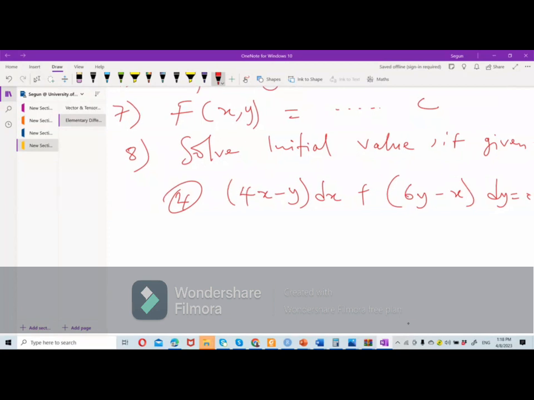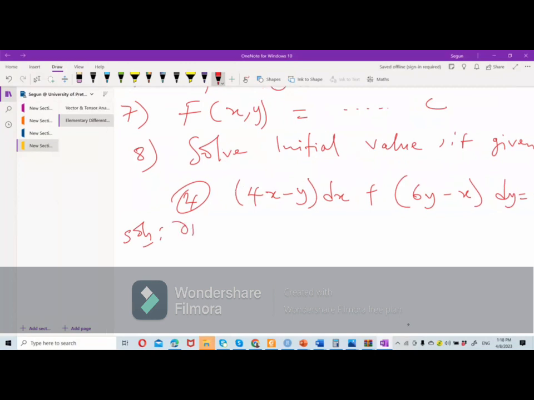So for us to solve it, you have the solution to be df dx, which is same thing as capital Fx, which is my m, 4x minus y. Then we need the f dy, which is capital F subscript y, which is our n. It's the same thing as 6y minus x.